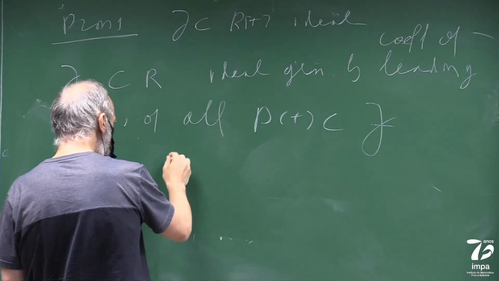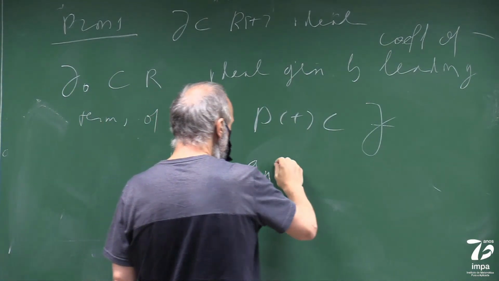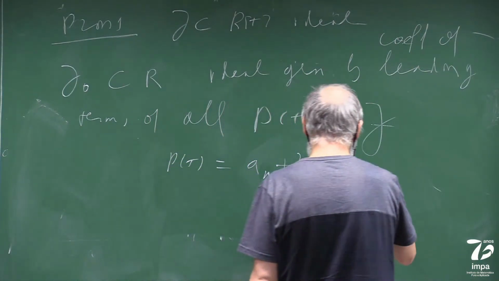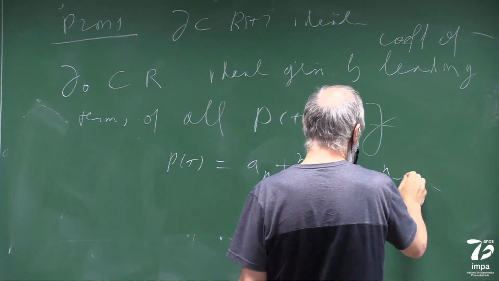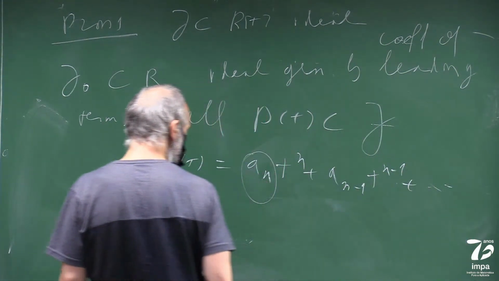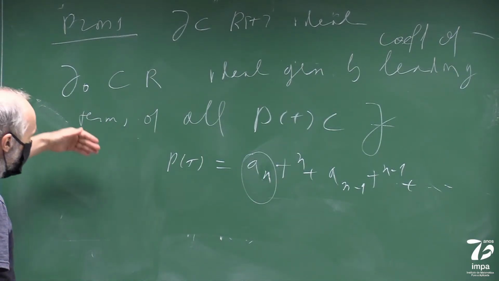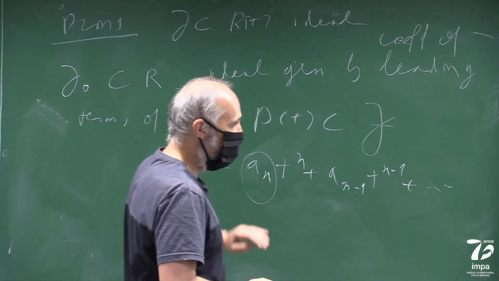So this means that if you have P(t) equal to a_n t^n plus a_{n-1} t^{n-1} plus and so on, you take a_n, the leading term, and you generate the ideal by all these coefficients.